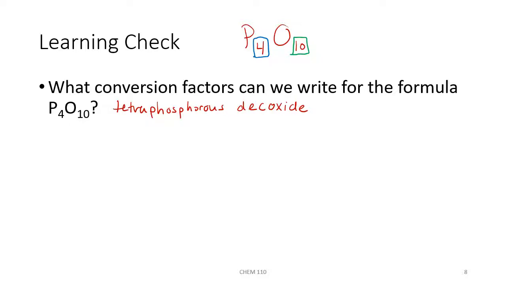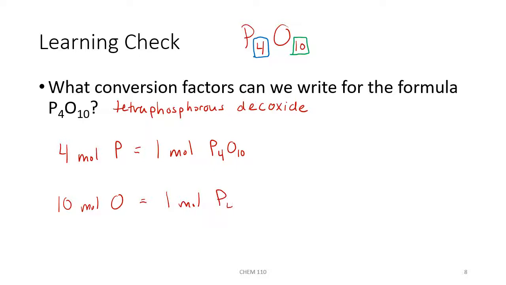We can say there's 4 moles of phosphorus for every 1 mole of tetraphosphorus decoxide. Or we can say there's 10 moles of oxygen for every 1 mole of P4O10.